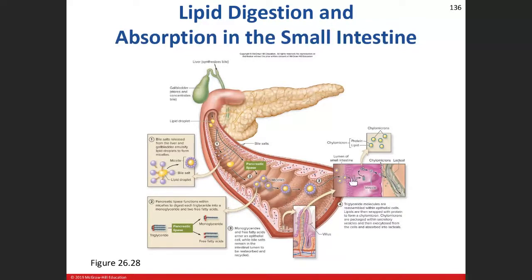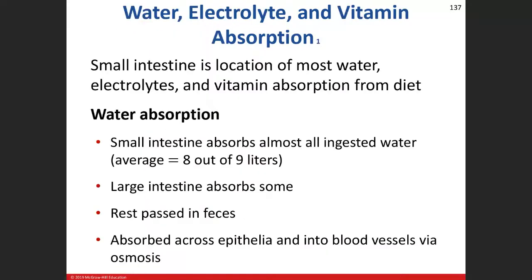They enter into the cell, where they get packaged up in a different way with proteins, and then they get excreted into the lymphatic system and eventually make their way to general circulation, to the liver, which we'll talk about when we do the metabolism.